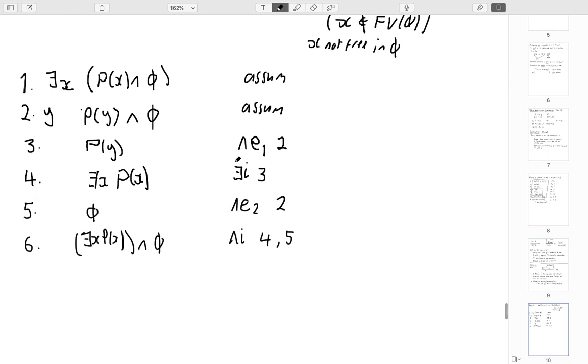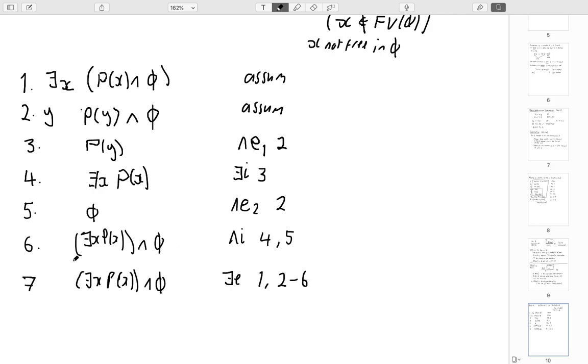So the next step is we derive the same formula psi. So that's again exists x px and phi by exists elimination on 1 and on the block from 2 where we introduce the arbitrary variable to 6.